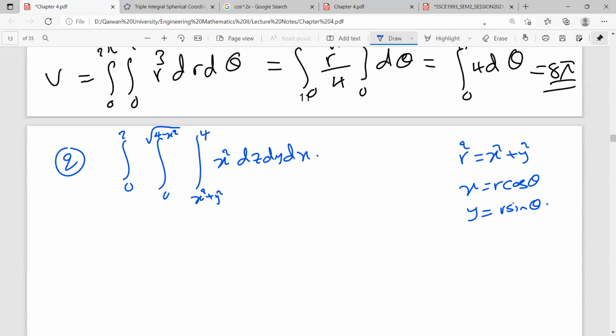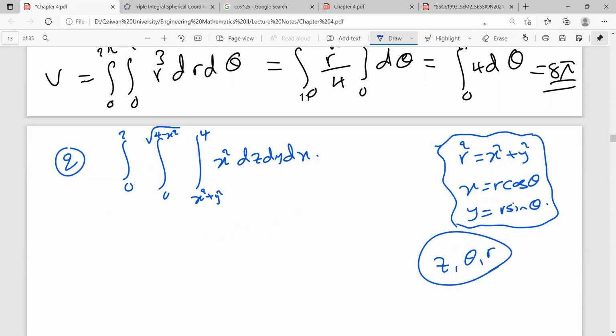Okay, we have this. We do these changes here. That means we must have no x and y in the triple integral. We must convert to cylindrical coordinates, and in cylindrical coordinates, it's possible to have z, theta, and r, and no more variables.